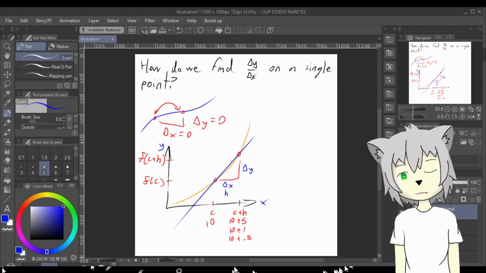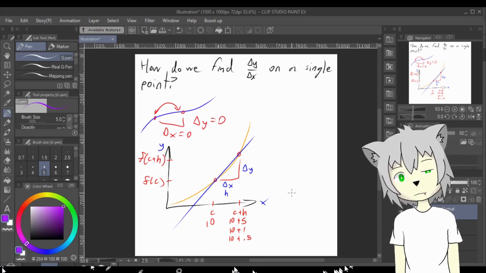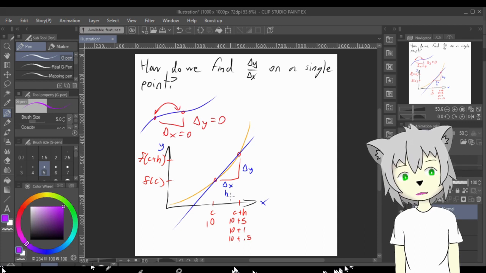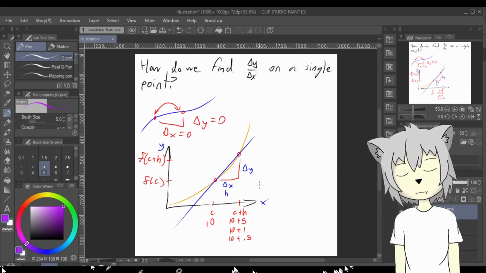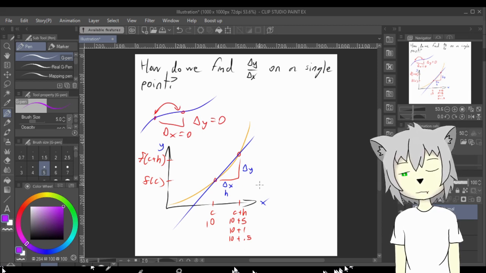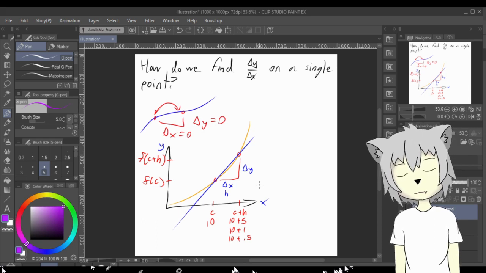But if you guys are starting to get the picture now, I want to ask again, how do we find the slope of a graph, a curve, at a single point, if you need 2 points at least to find the slope?